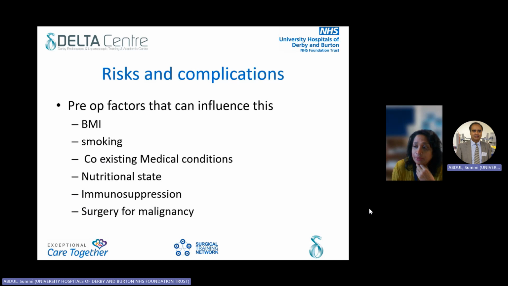Okay, so the risks and complications and factors that can influence surgery: obviously the BMI, smoking, other comorbid factors, because they are going to have a direct effect on how well a patient heals, and also affect complications that can possibly arise from that. For example, a large BMI can complicate surgery because access might be very difficult.